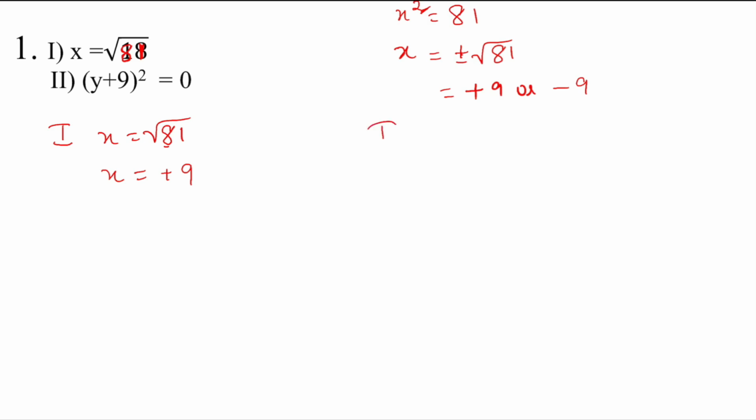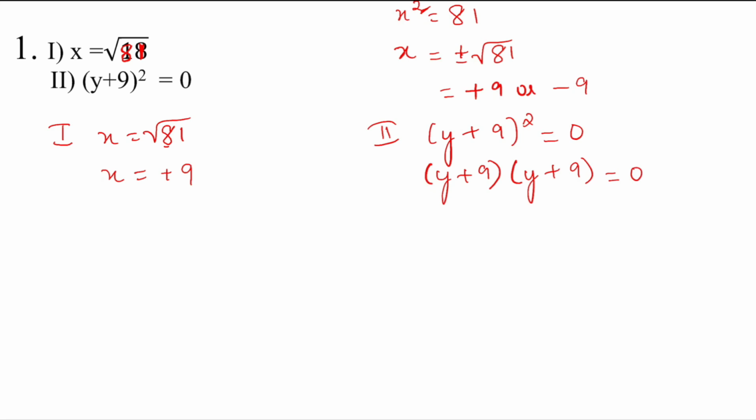Now the second equation, y plus 9 the whole square, which is equal to 0. This can be written as y plus 9 into y plus 9, because y plus 9 into y plus 9 itself is y plus 9 the whole square. So one y plus 9 goes to the RHS side, it becomes 0.